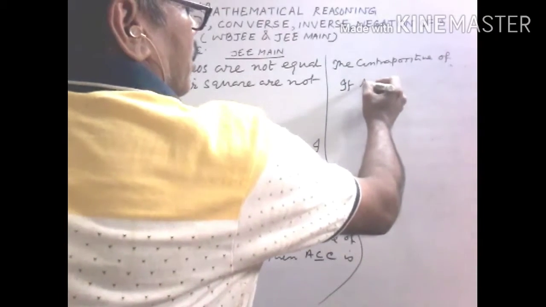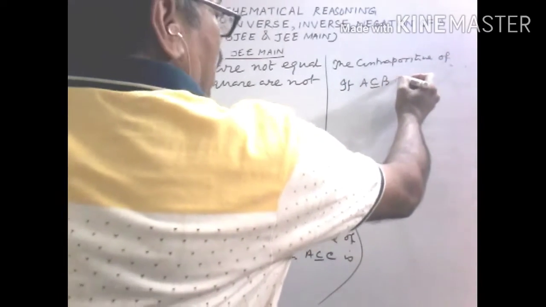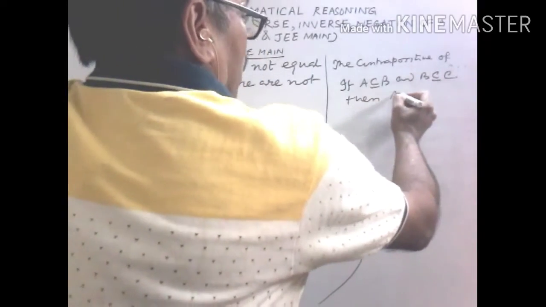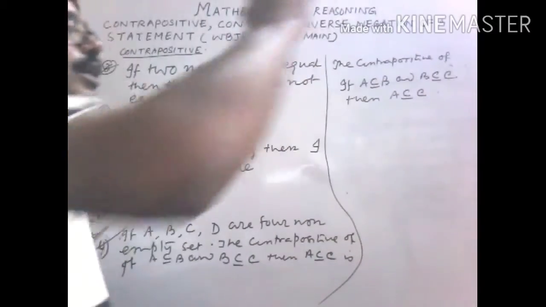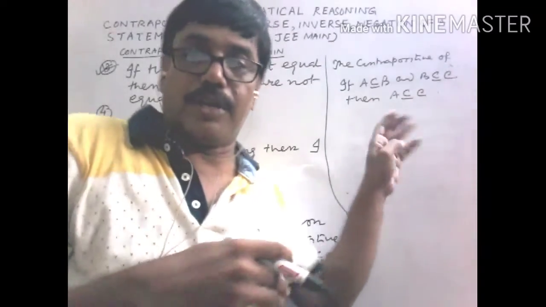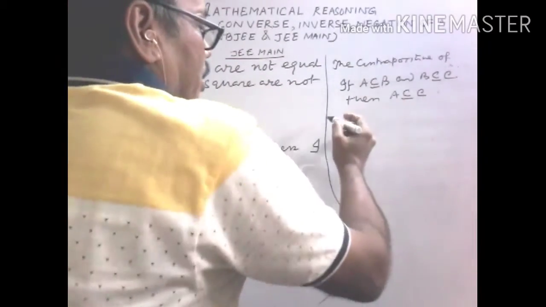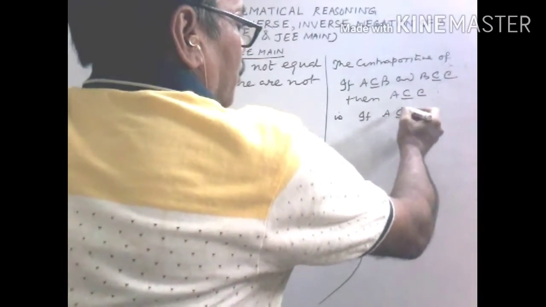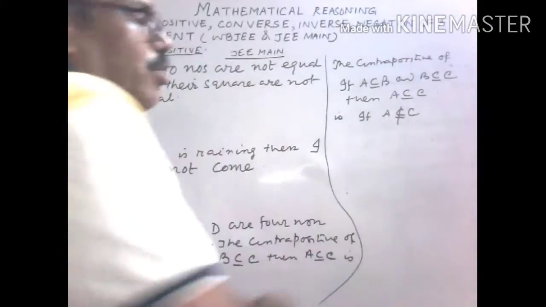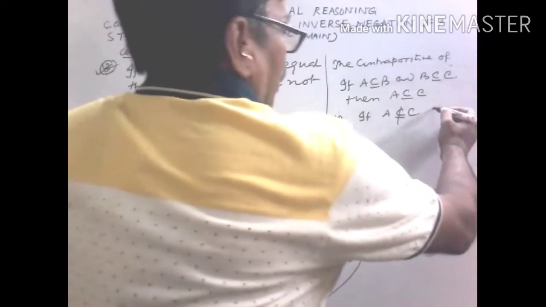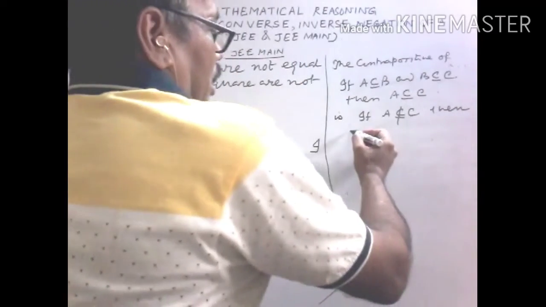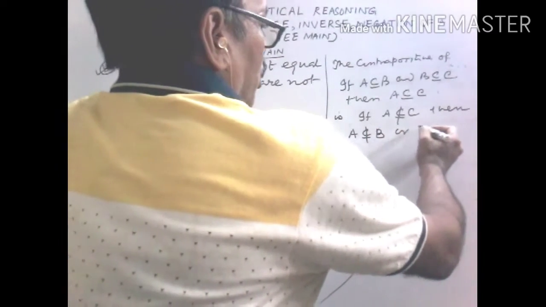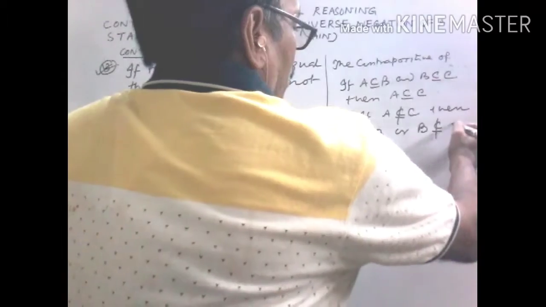If A subset of B and B subset of C, then A subset of C. This is our original statement. The contrapositive of this is if A not subset of C, negative of this, then A not subset of B or B not subset of C.